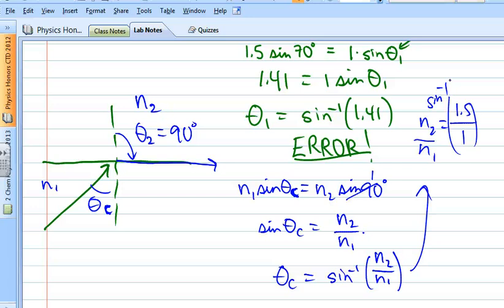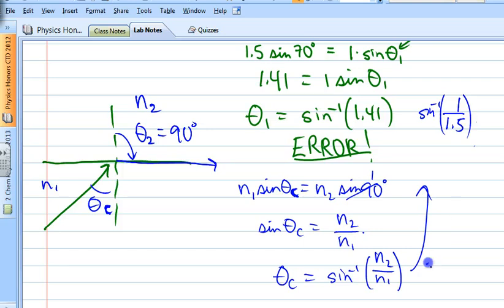Oh, I am doing something very horrible here. I should be doing, excuse me, N2, which is 1, over N1, which is 1.5. So the critical angle, okay, so 1 divided by 1.5, take the inverse sine of that, and what that comes out to be for this particular situation is 41.8 degrees.